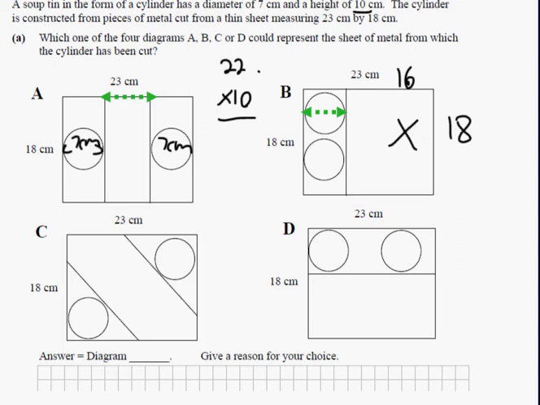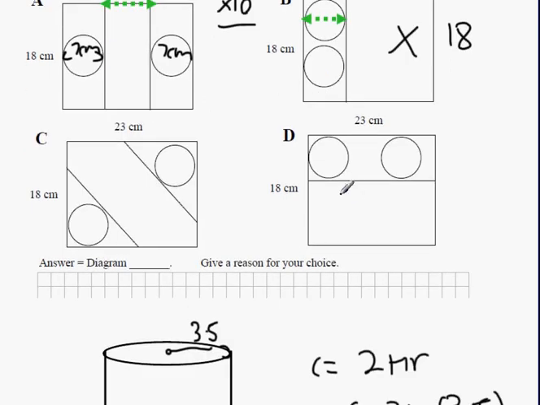What about the next one? It's almost perfect, isn't it? 18 take away roughly 7, 7 and a bit, probably 8, will leave enough for the 10 centimeters. And going in this direction, we have 23. 23 is bigger than 22, so we have enough metal here.